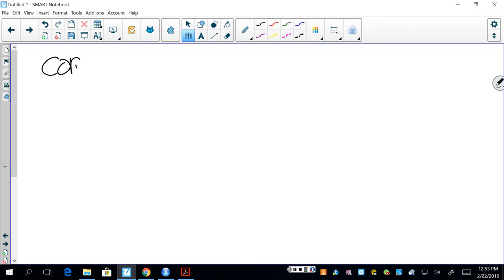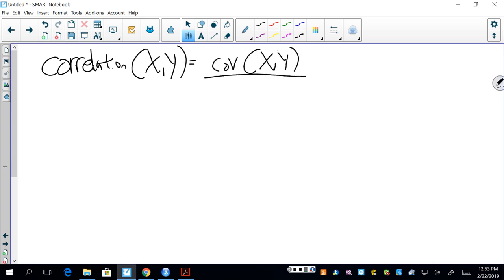Correlation of x and y, of two variables, is their covariance divided by their two standard deviations.